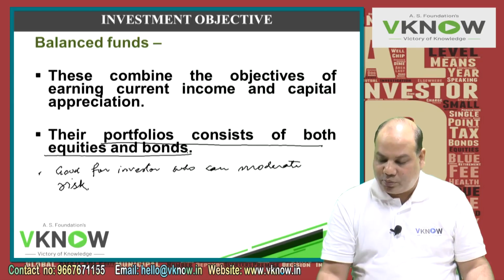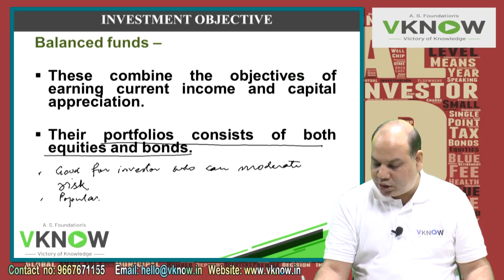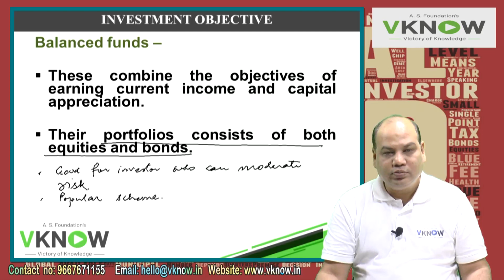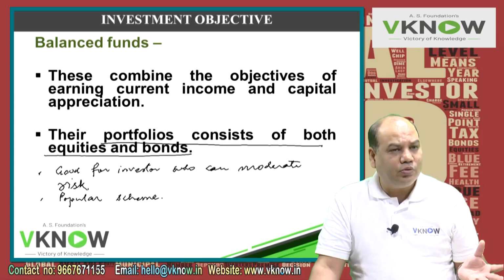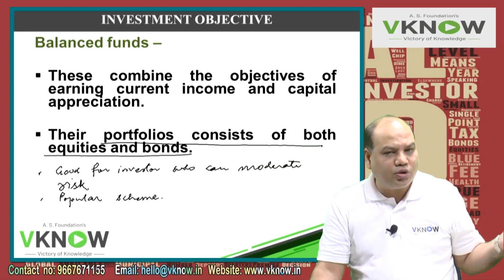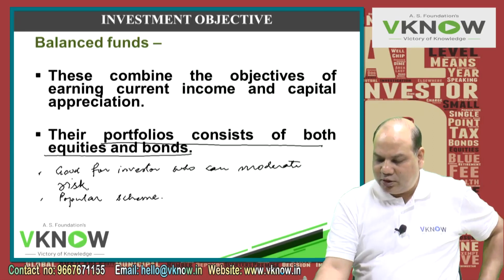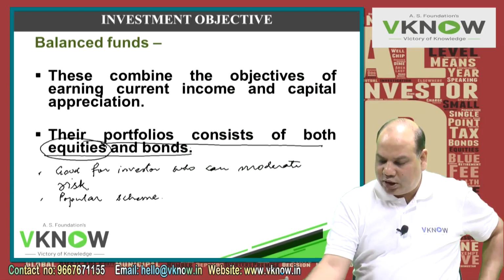And this is a very popular scheme because most people will not like to take too much risk by investing in growth fund, but at the same time they don't want to completely invest in income fund which gives you very lower return. So somewhere between the two you have balanced fund, and they invest in equities and bonds both.